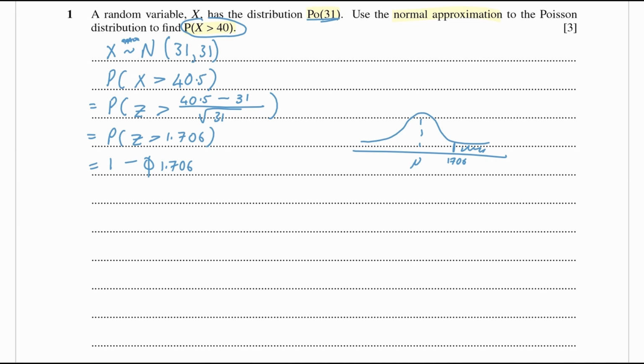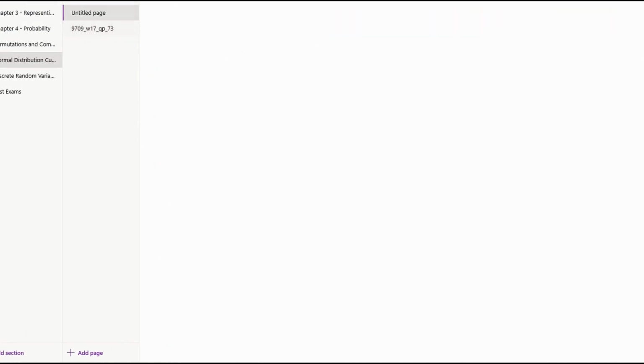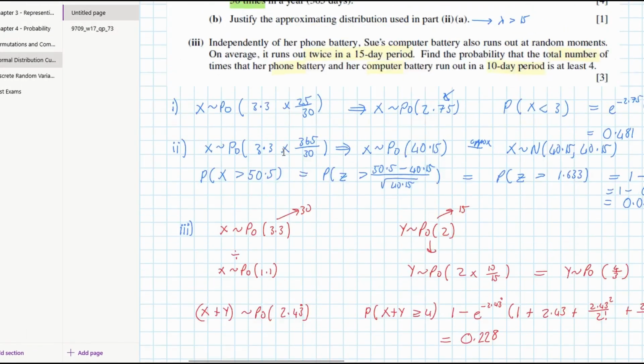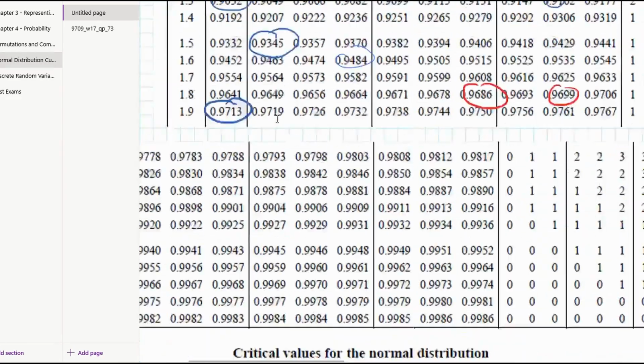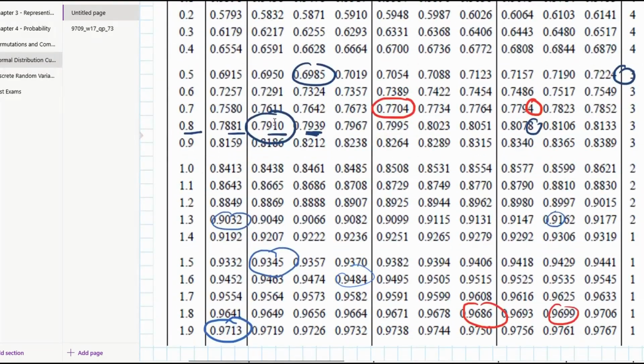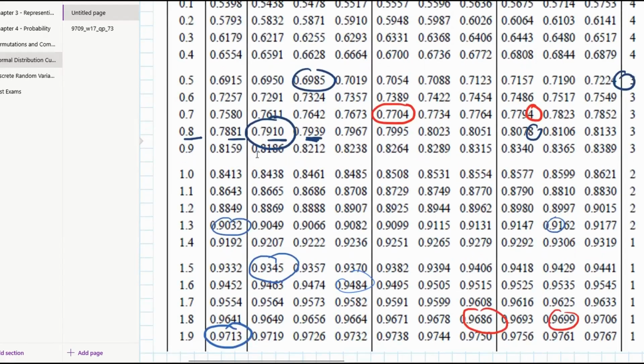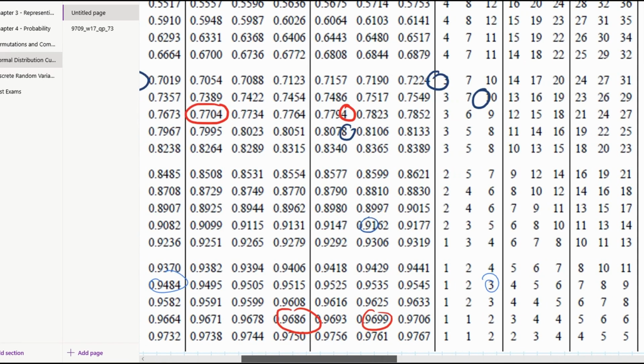Now, I'm pretty sure you guys are all capable of using the standard z tables. You should be able to go along here, 1.7, and then go across and find out what the 6 is.